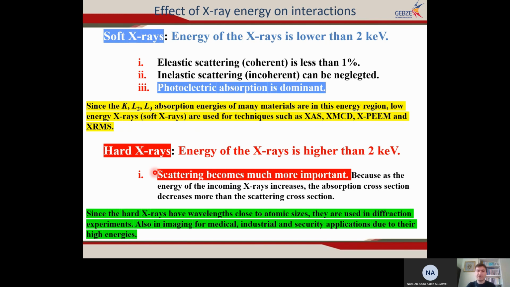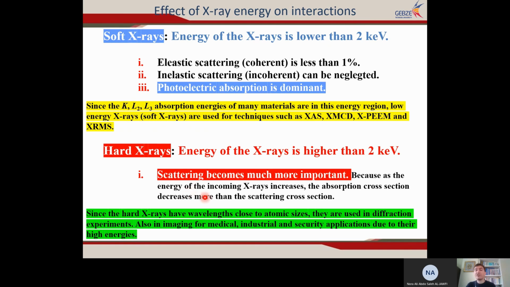So what happens if you use hard X-rays? Scattering becomes much more important. In case of soft X-rays, absorption is dominant, but in case of hard X-rays, scattering is dominant, okay?